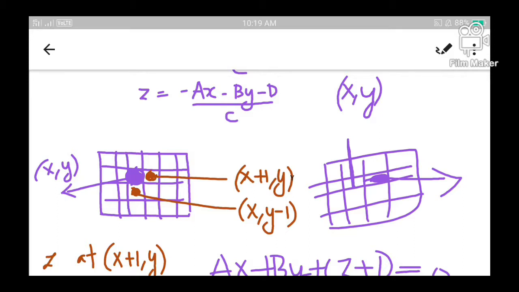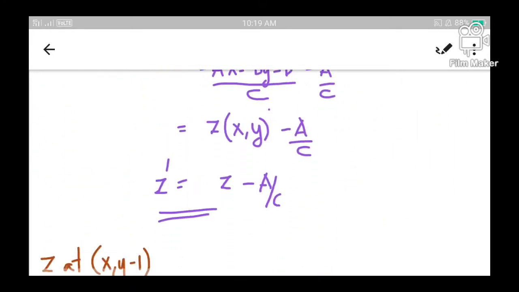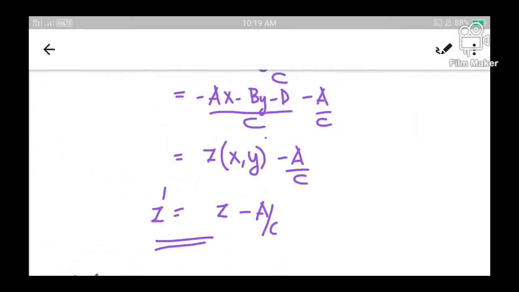So using this equation you can compute the depth of x plus 1, y. If we know the depth of a particular pixel, using that pixel you can compute the depth of the next pixel. In this way you can compute the z values of all the adjacent pixels in a single row.